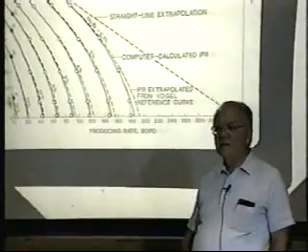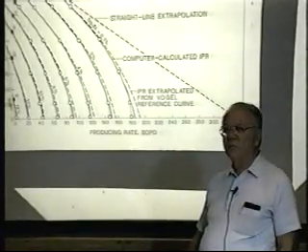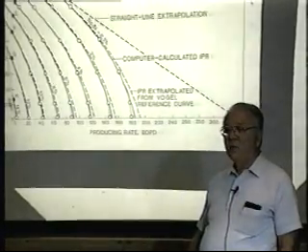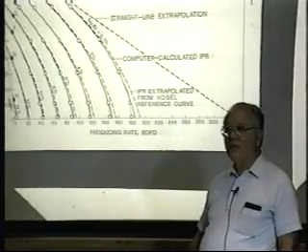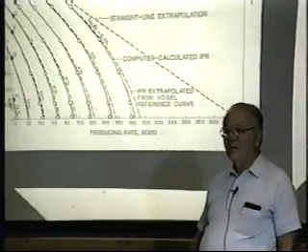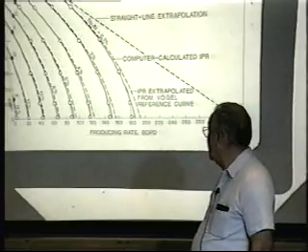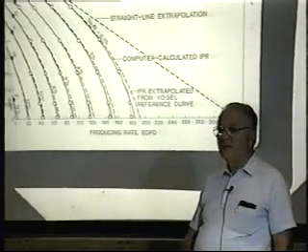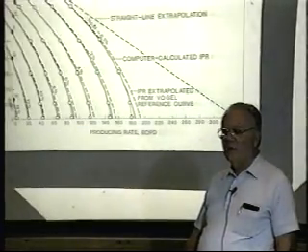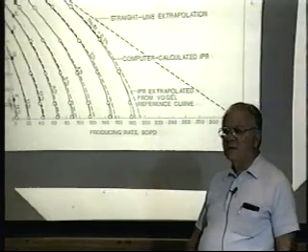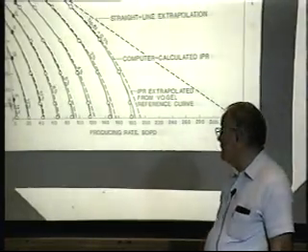Q over Q max is equal to 1 minus 0.2 times the ratio of Pwf over P̄r, minus 0.8 times the ratio of Pwf over P̄r, that expression squared.